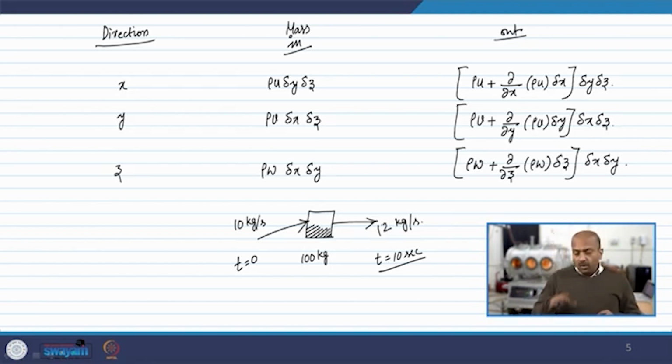What it means is that we now have to account for all that is going in and subtract all that is going out. Then you will get the rate of change of mass, right. So, ideally the rate of change of mass dm by dt should be what is going in minus what is going out.